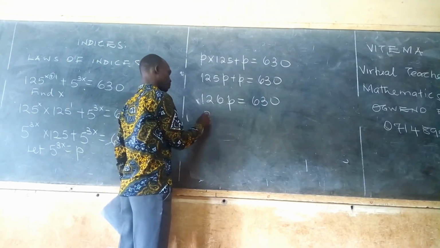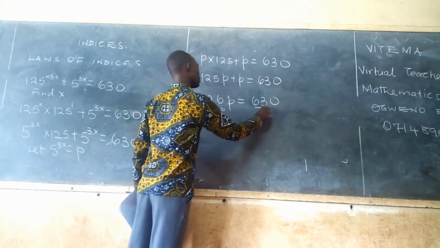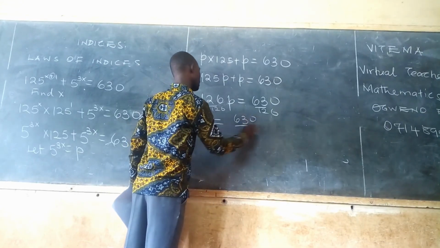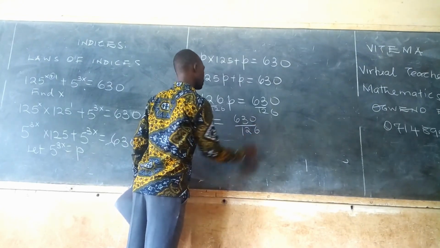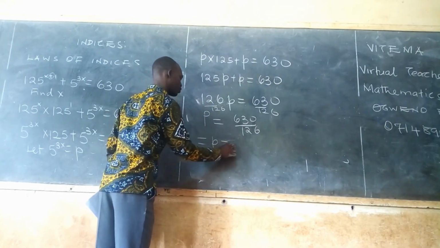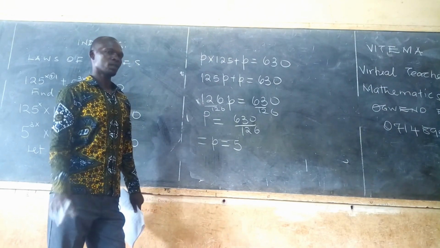Therefore my p, if I divide both sides by 126, will be 630 over 126, and therefore my p should be 5 at the end of the day.